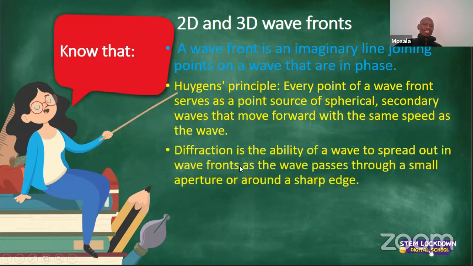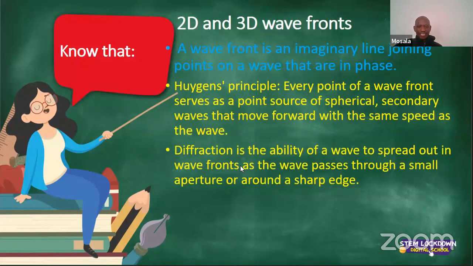We have talked about reflection. Reflection, remember, is the sending back of light when it hits a reflecting surface. Refraction is when light changes direction as it enters material of different optical density.